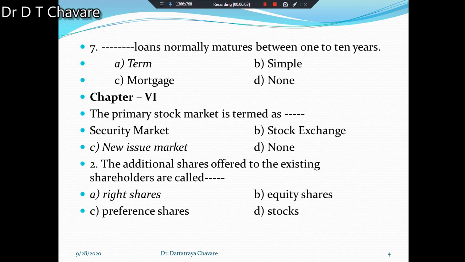Number two, equity shares. Next, preference shares. And last, stock. What is the answer? The right answer is right shares. That is the correct answer of this question.